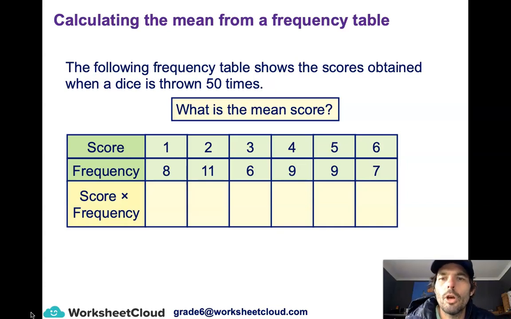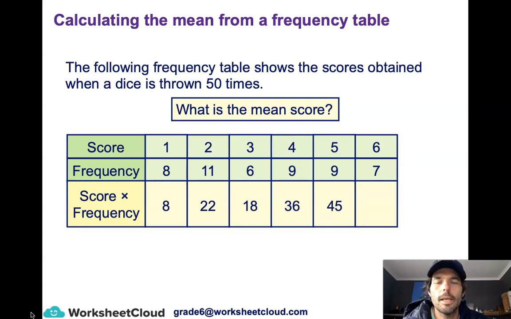If we throw the number 1 8 times, then that answer is going to be 8, because 8 times 1 is 8. If we throw the number 2 11 times, 11 times 2 is 22, 6 times 3 is 18, 9 times 4 is 36, 9 times 5 is 45, and 7 times 6 is 42. So that's going to give you the individual totals for each score.